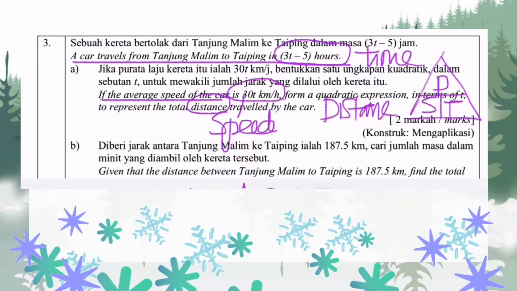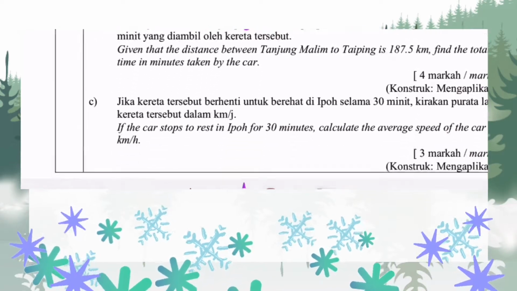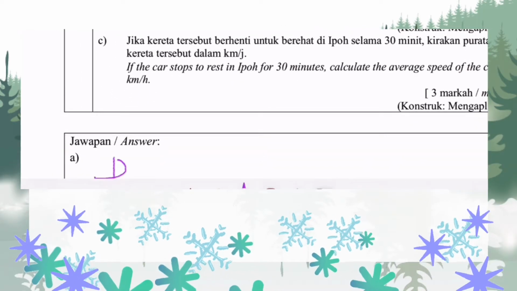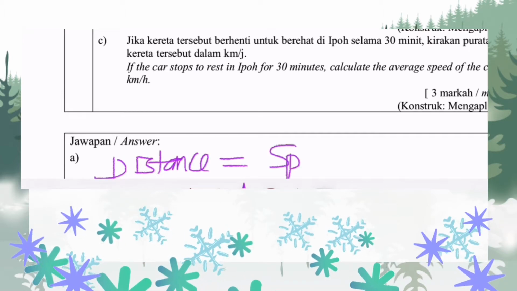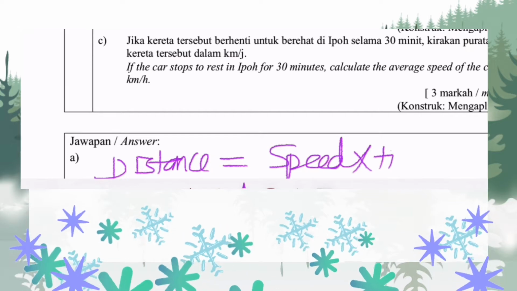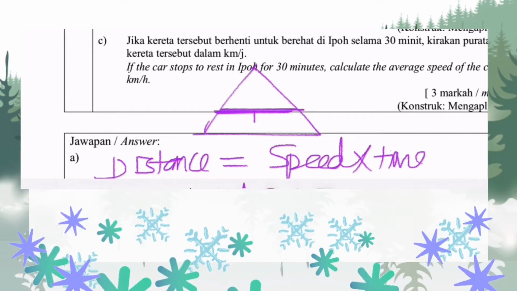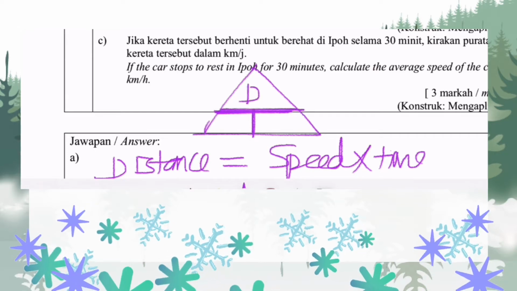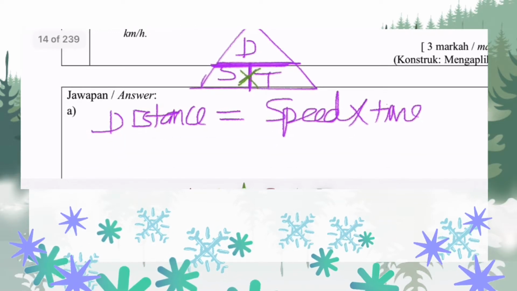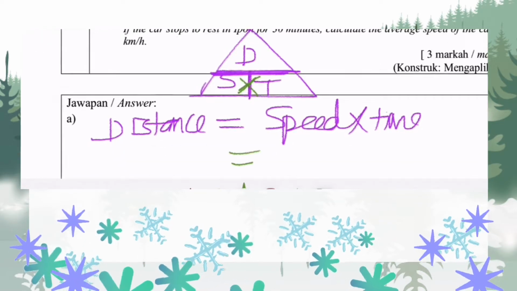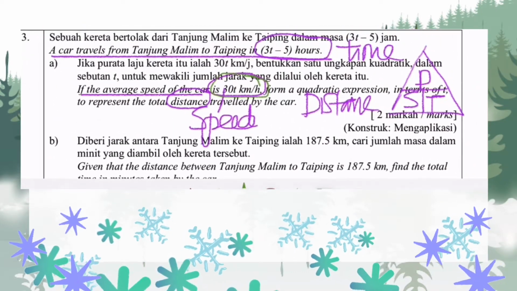Remember, dear students, distance is equal to speed multiplied by time. So now we are going to use this formula: distance is equal to speed multiplied by time.